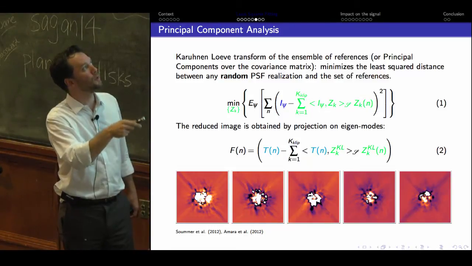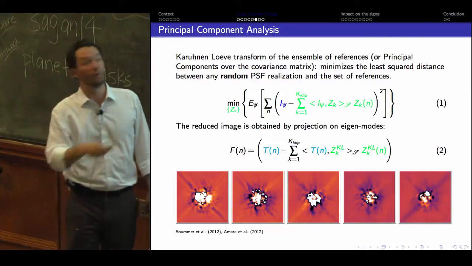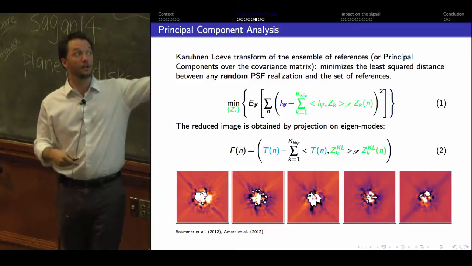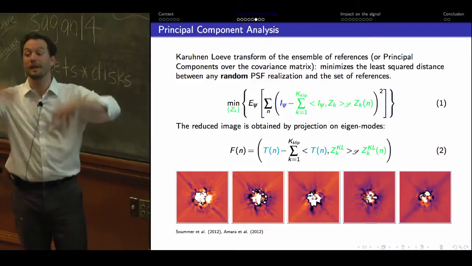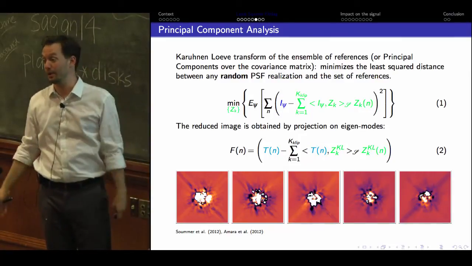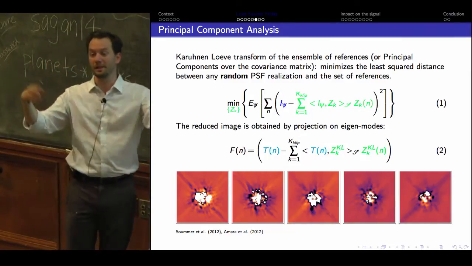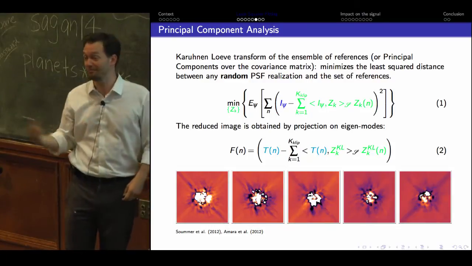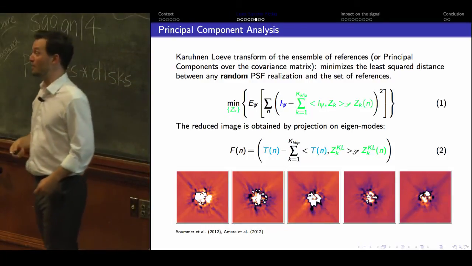It's going to represent them best in the least square sense, with the least amount of modes. It's a little convoluted, but the whole point is you take your correlation matrix, calculate its eigenvectors, and do some linear algebra on them, and you create these eigenimages here that just look like typical NICMOS point spread functions.